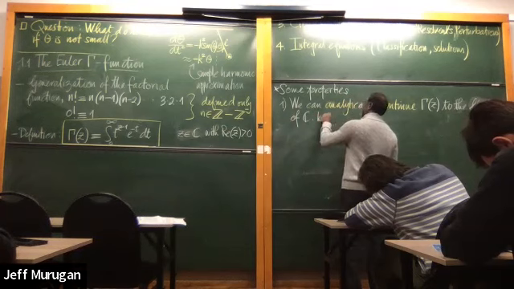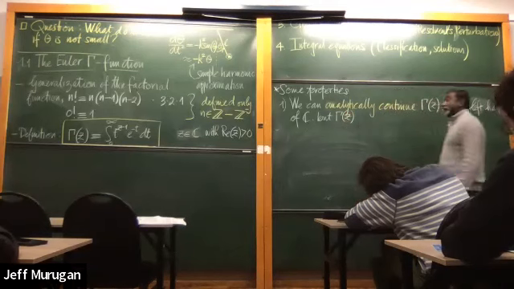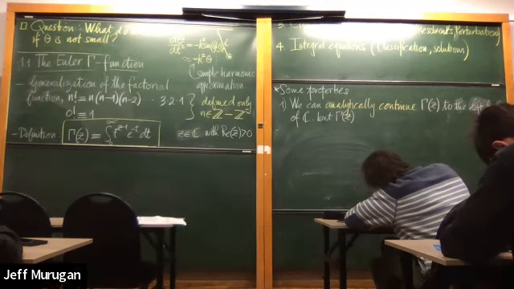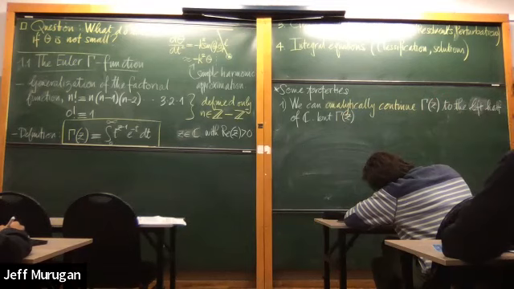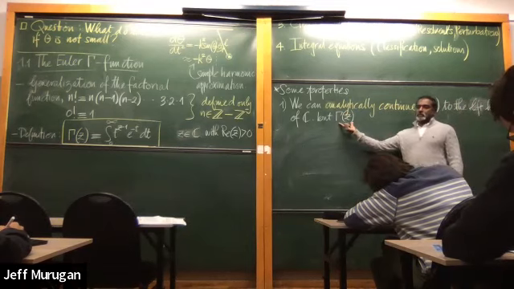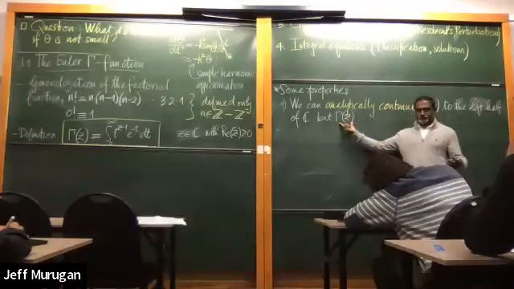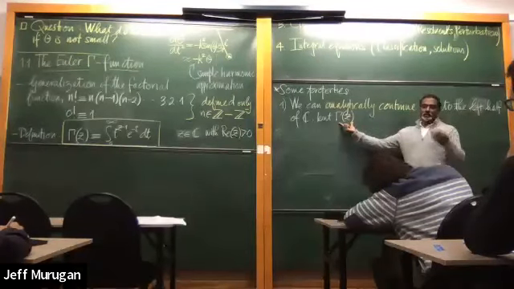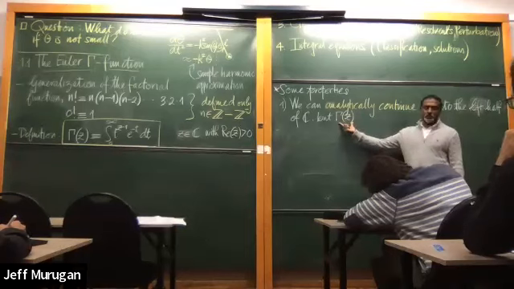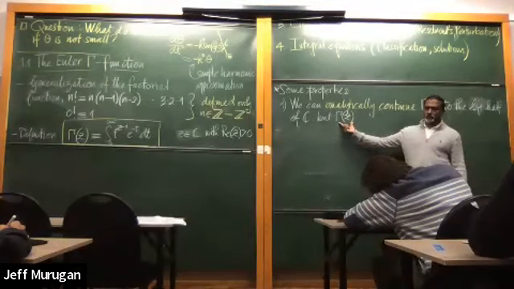But gamma of z will have poles as singularities there. In fact, they will have one of them for each negative integer all the way through to minus infinity. And any complex valued function that is analytic everywhere but a countably infinite number of points, all the negative integers, where we have poles, is called a meromorphic function.